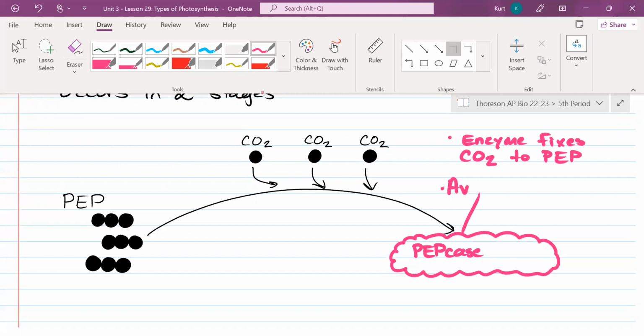It avoids oxygen. So if it avoids oxygen, is it going to do photorespiration? Absolutely not. This is the benefit. It will not interact with oxygen, hence it will not perform photorespiration.